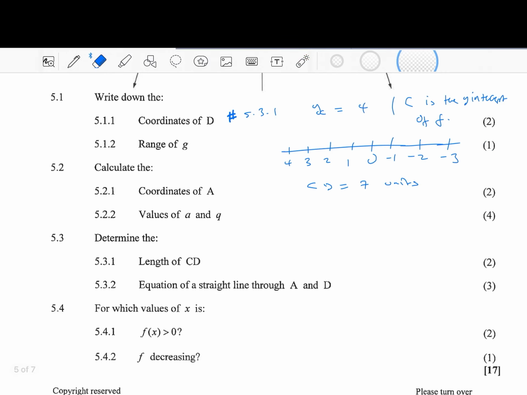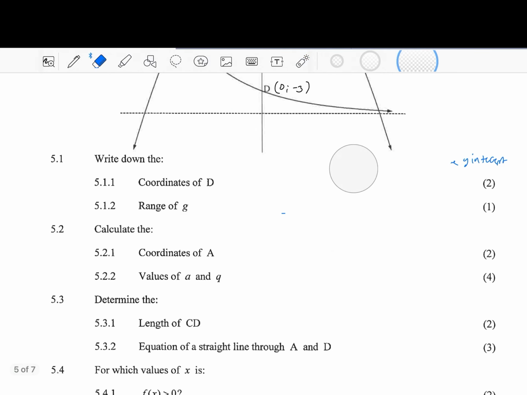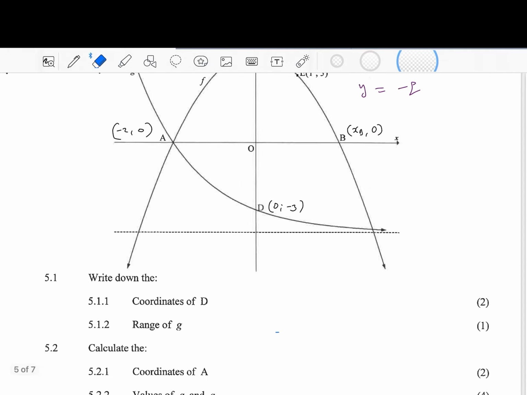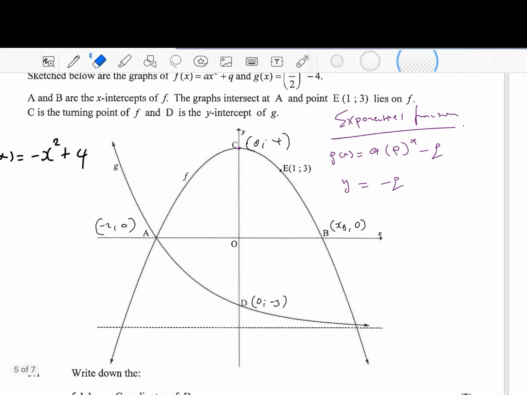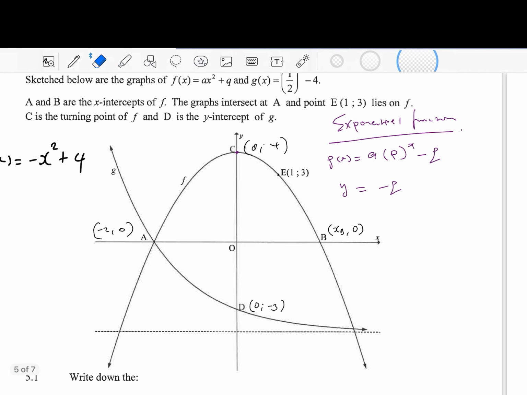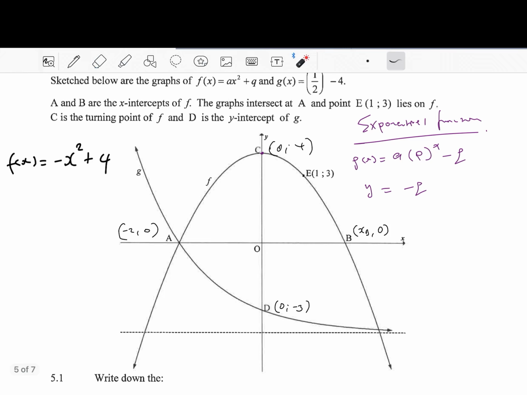Now let's do 5.3.2. Determine the equation of a straight line through A and D. So essentially what's happening here is you have, assuming you have, a straight line.